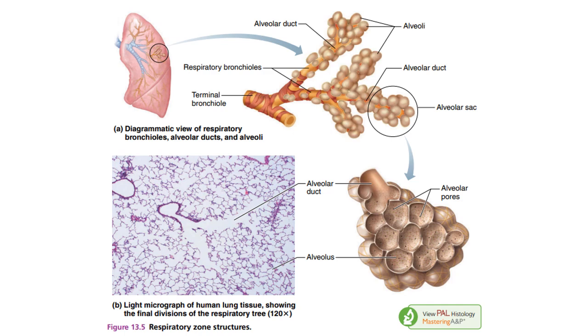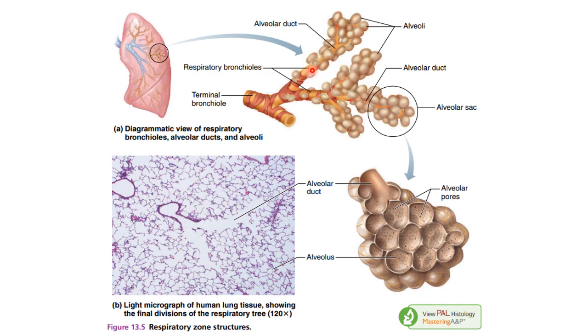This picture shows you how the microscopic bronchial tree divides and gives off the alveoli. Remember from our previous slides that gas exchange only occurs at the alveoli. So only structures which contain alveoli participate in gas exchange. So this is your terminal bronchiole, and the terminal bronchiole will give off respiratory bronchiole.